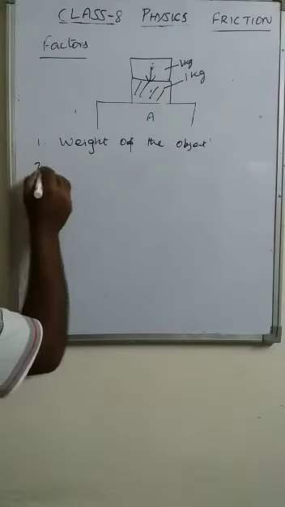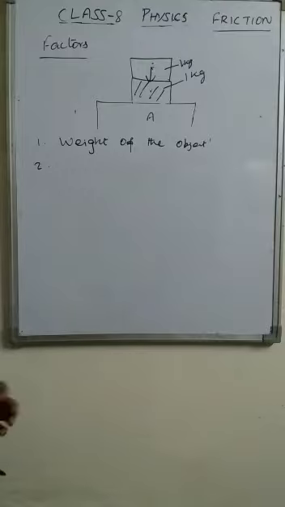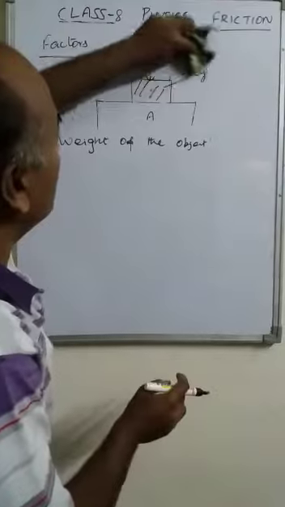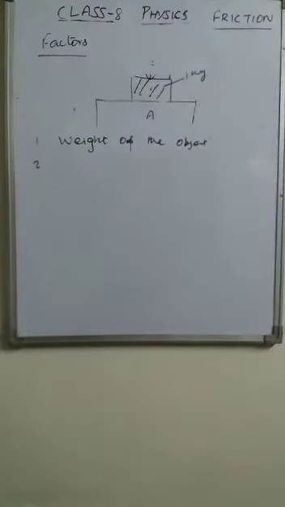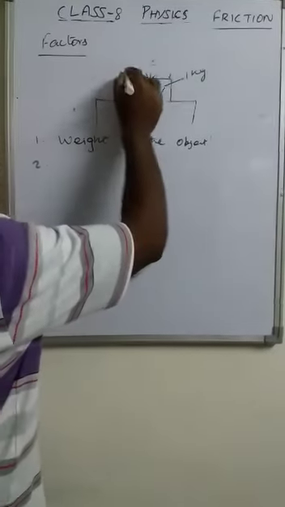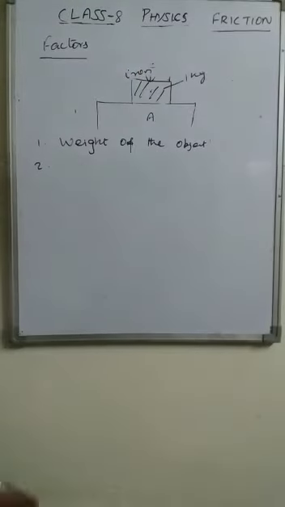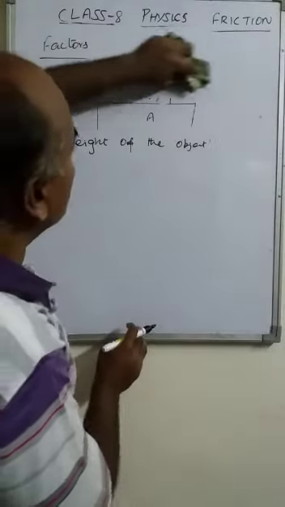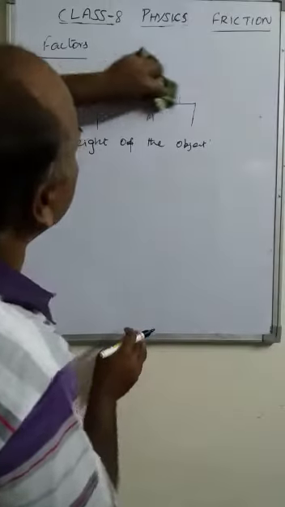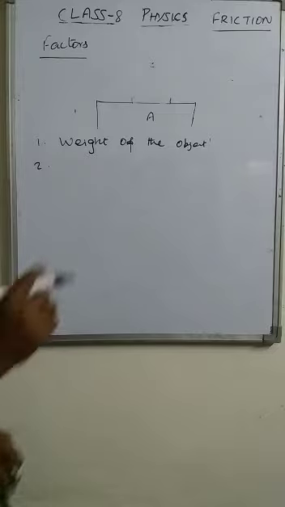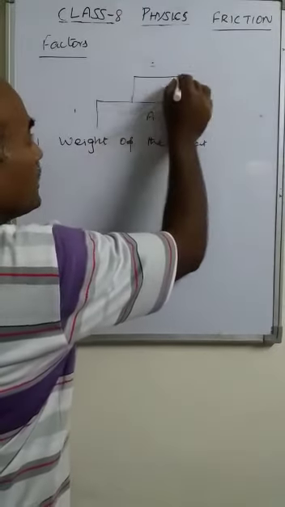And then the second factor. Here we put a 1 kg object on the surface. Suppose this is iron. Then we replace this 1 kg of iron by any other material of the same weight.